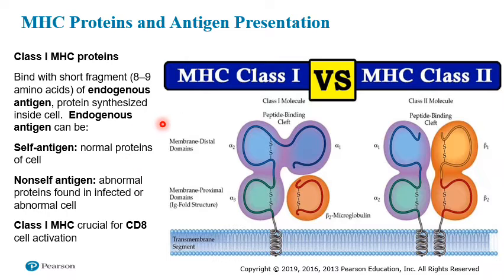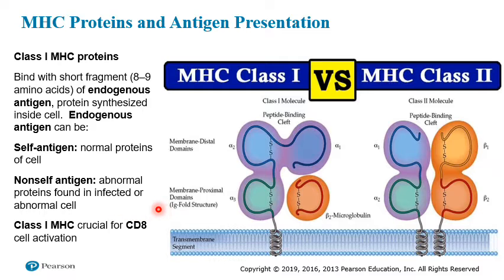So let's take a look at the first MHC protein, MHC1. They bind with short fragments, about 8 to 9 amino acids, of endogenous antigen. These proteins are synthesized inside a cell, and you call them endogenous because they are synthesized inside the cell. They could be self-antigen, normal proteins of the cell. They could also be non-self. These are abnormal proteins, but you don't find them just around.